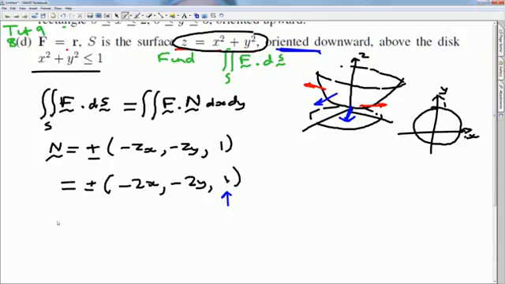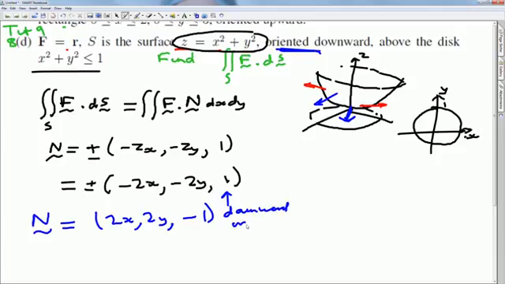Therefore, the normal in this case is equal to minus 1 times that, so it'll be 2x, 2y, and minus 1. I'm just making sure of that downward orientation.